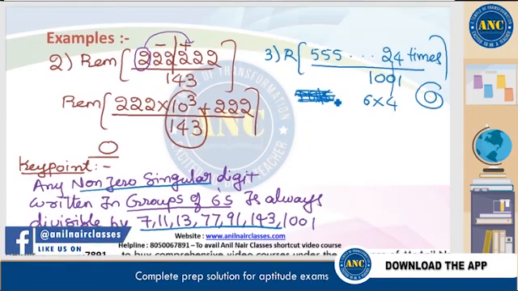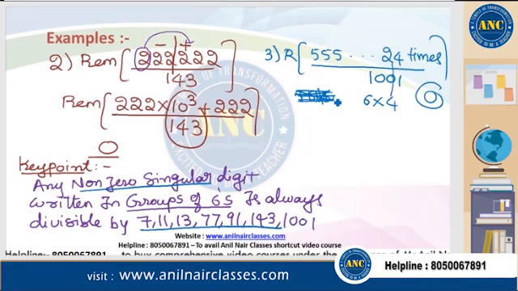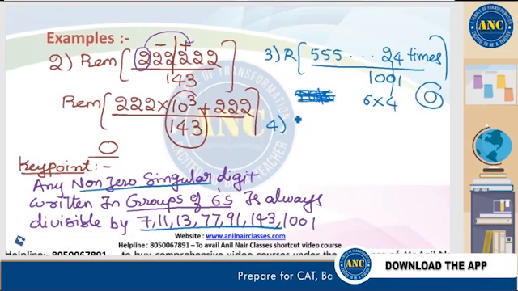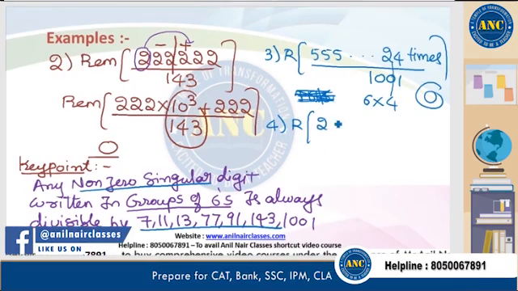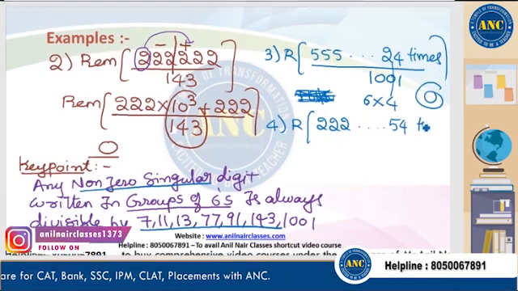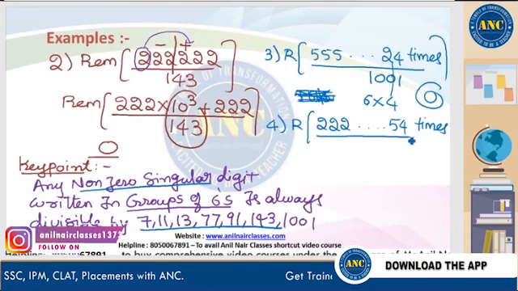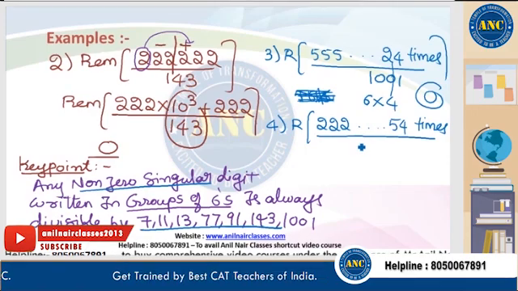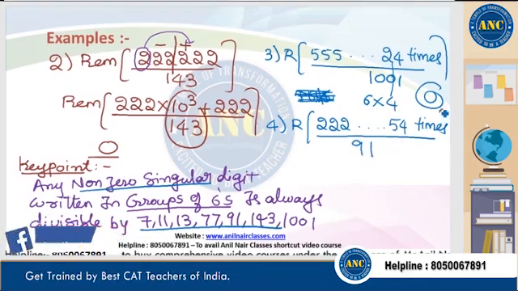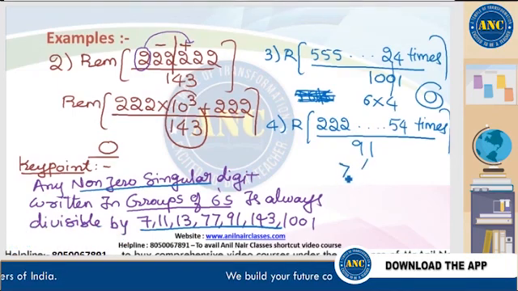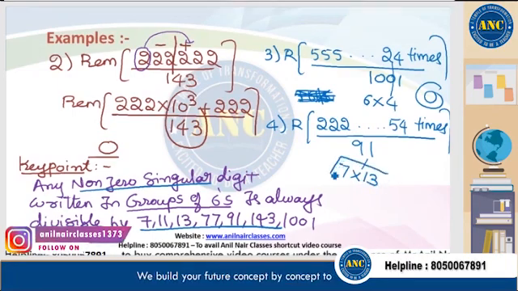1001 is 7 into 11 into 13. Any non-zero singular digit written in groups of 6 works this way. Next is 2, 2, 2, 2, 2, 2, 2, 2 written 54 times, divided by 91. The denominator should be 7, 11, 13 and so on. 91 is 7 into 13.